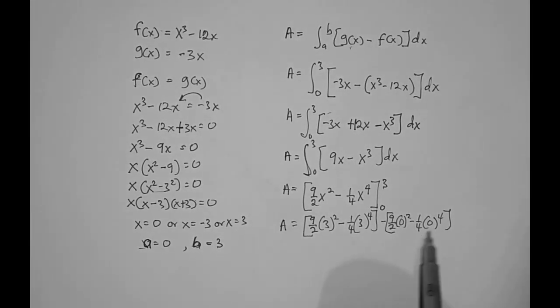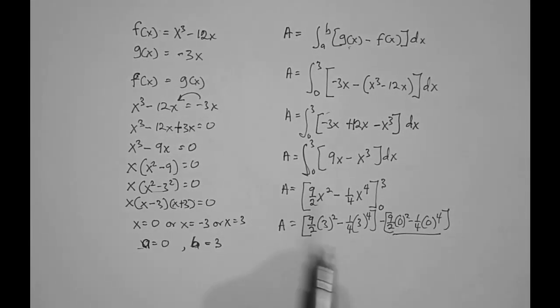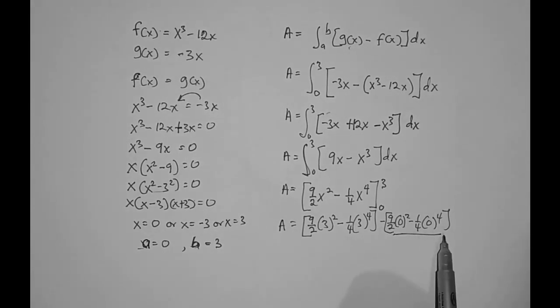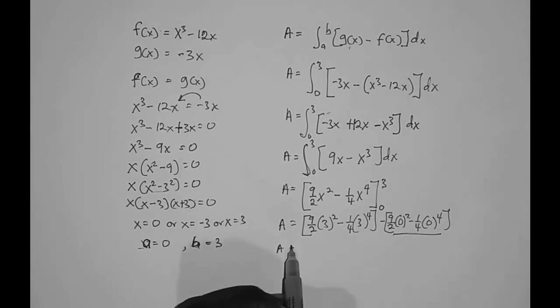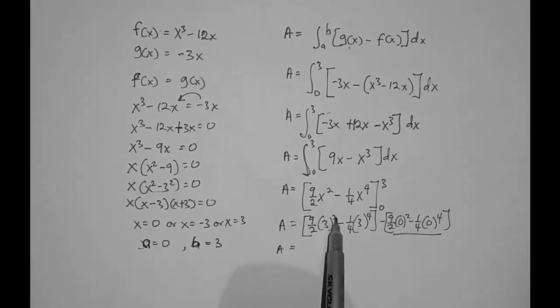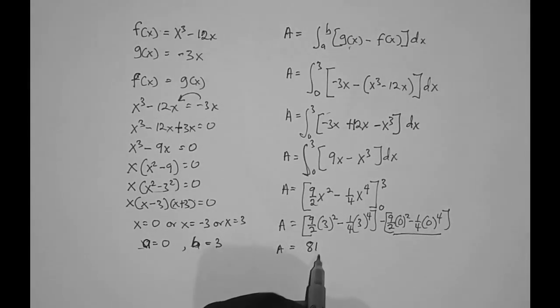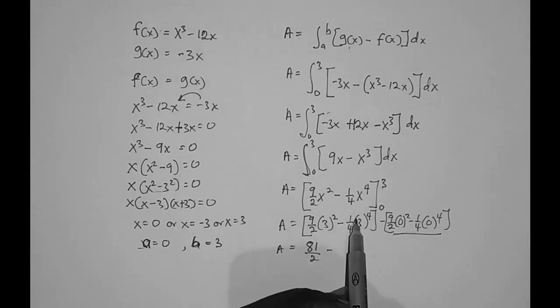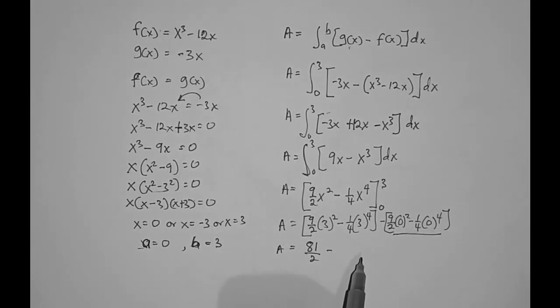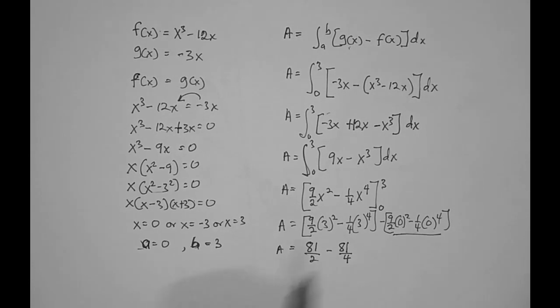So we see that this portion will throw out 0. So all of this goes to 0. So A is equal to, 3 squared is 9, and then 9 times 9 is 81. So 81 divided by 2 minus, 3 exponent 4 is 81, so 81 times 1 is 81. So minus 81 divided by 4.